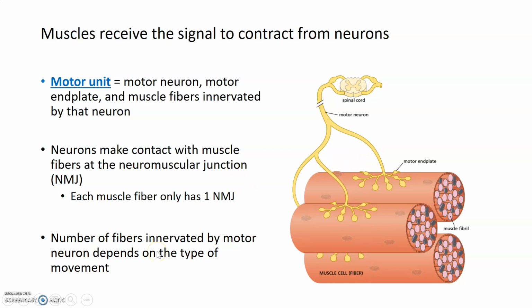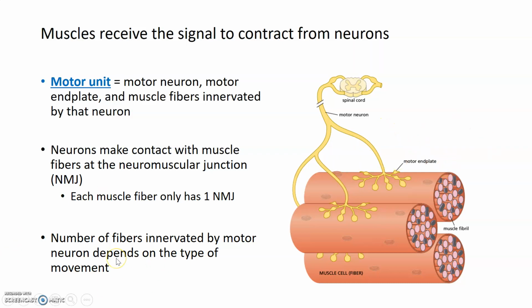And the number of muscle fibers that are innervated by a particular motor neuron depends on the type of movement, right? So there's only one neuromuscular junction per fiber, but one motor neuron can innervate, as you see here, multiple different fibers, right? It has multiple processes, comes out, and it might be innervating anywhere from 1 to 2,000 different fibers.